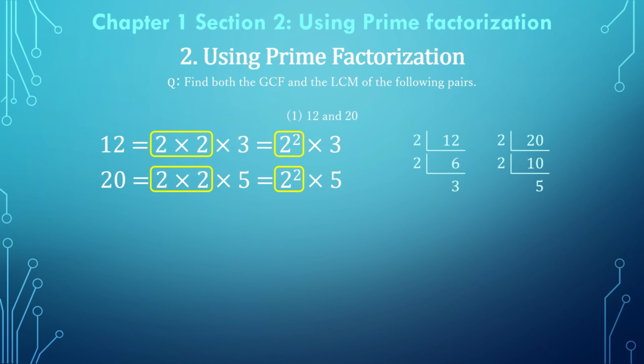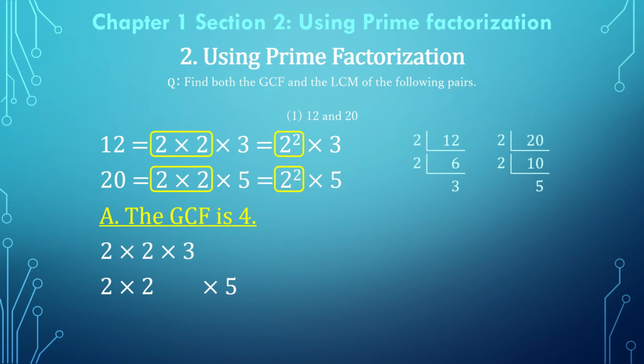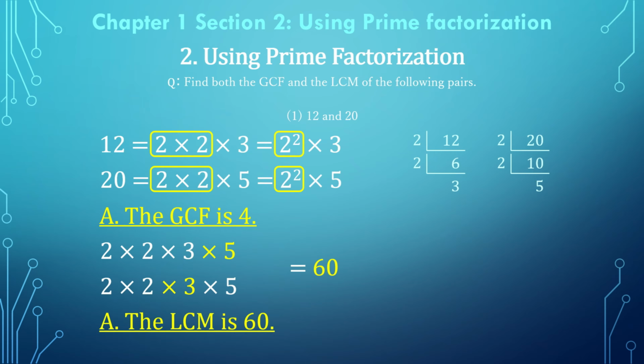As for the LCM, 12 is missing a 5, whereas 20 is missing a 3. Including both factors, the LCM is 2 times 2 times 3 times 5, which equals 60. So the LCM is 60.